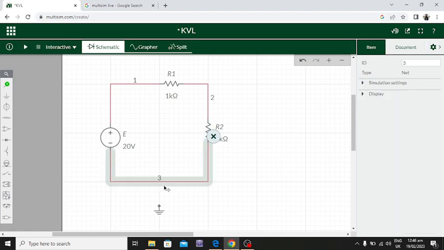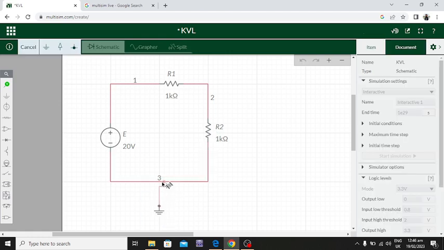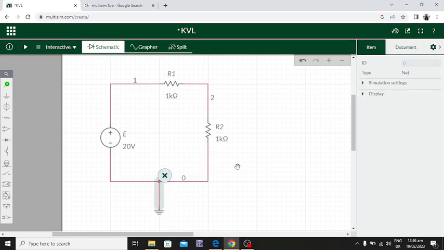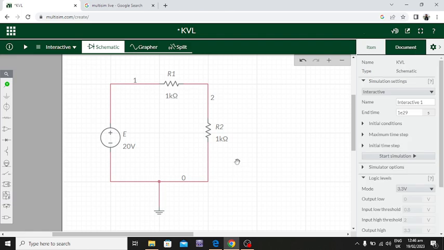Connected, and the last thing I want to connect is ground. Ground is connected, everything is done.